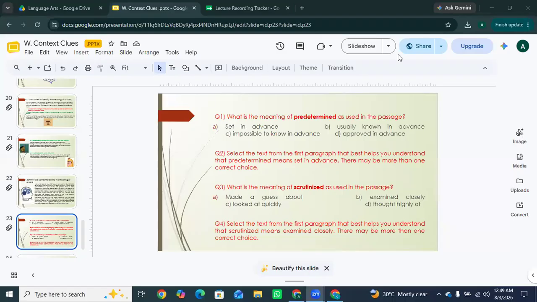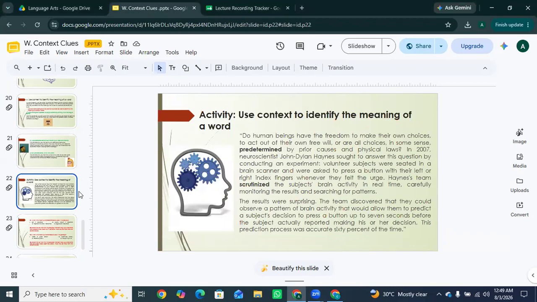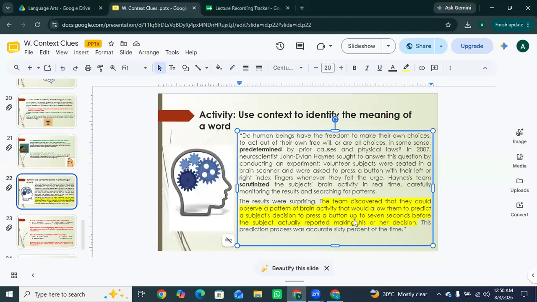What is the meaning of predetermined as used in the passage? Set in advance. Select the text from the passage that best helps you understand what predetermined means. The team discovered that they could observe a pattern of brain activity that would allow them to predict the subject's decision to press a button up to 7 seconds before the subject actually reported making his or her decision.